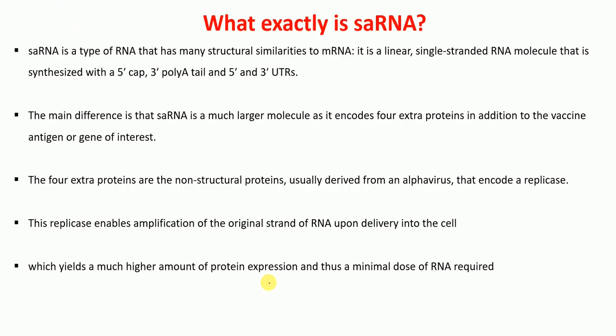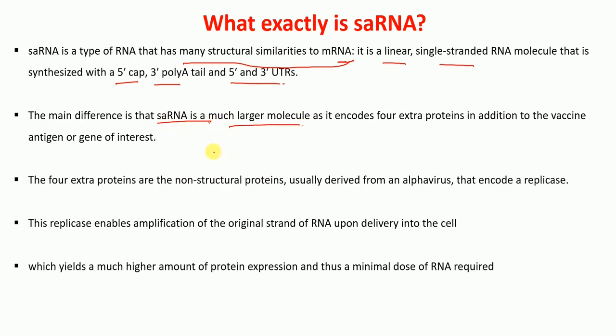Like I explained before, the self-amplifying RNA is a type of RNA that has many structural similarities to messenger RNA. It is a linear single-stranded RNA molecule that is synthesized with a 5' cap, a 3' poly A tail, and 5' and 3' untranslated regions. The difference between self-amplifying RNA and messenger RNA is that self-amplifying RNA is a larger molecule.